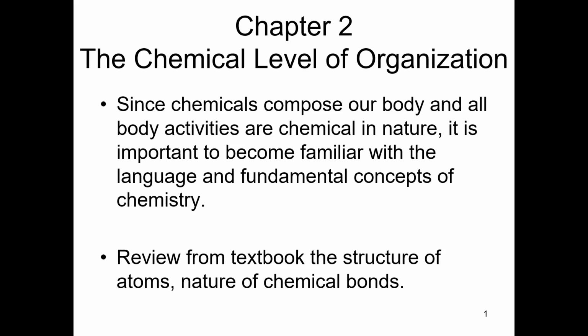Just to start with this, the textbook has somewhat good information about the structure of atoms, nature of chemical bonds, and so please review that from your textbook. For example, the atoms are made up of a nucleus, which has protons and neutrons, and then around all that has electron shells.